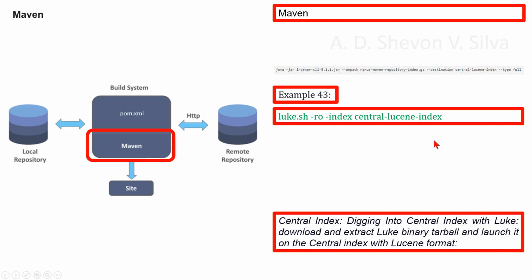Now we are considering digging into central index with Luke in central index. Download and extract the Luke binary tarball and launch it on the central index with Lucene format.